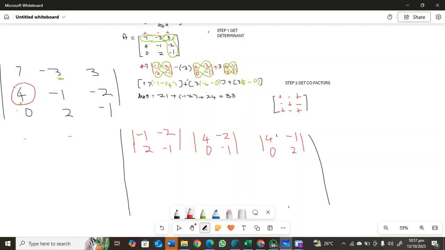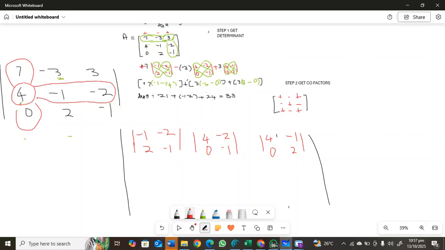So next we come to this 4 here, which is under 7. You're not leaving out determinants, you're just leaving out the number that's in the middle.